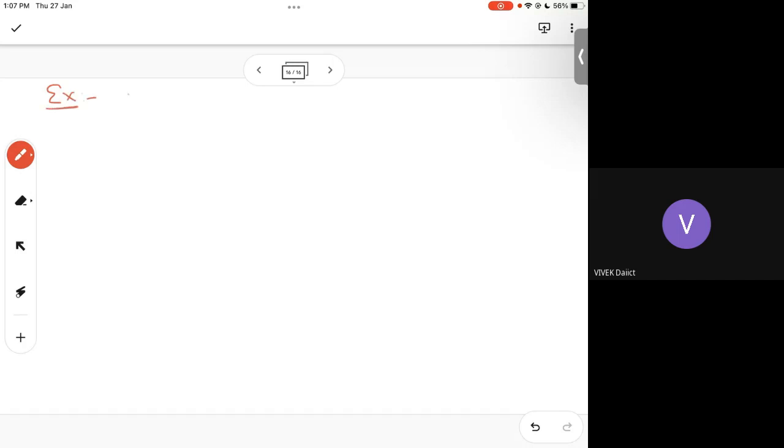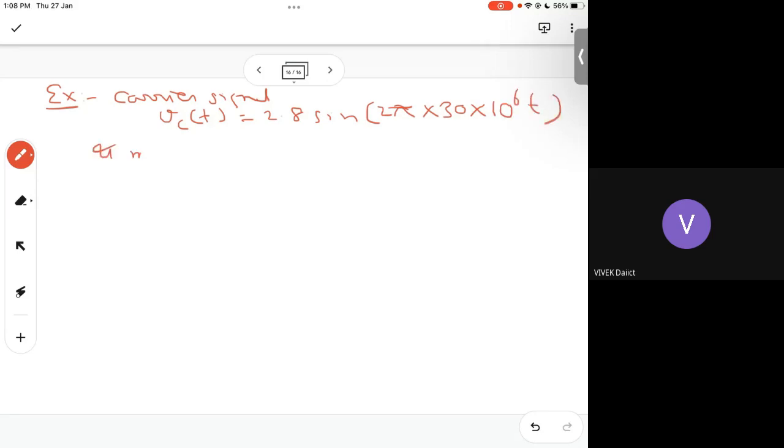Suppose I have a carrier signal given as VC(t) = 2.8 sin(2π × 36 × 10^6 t), and the message signal is given as VM(t) = 1.4 sin(2π × 500 t).